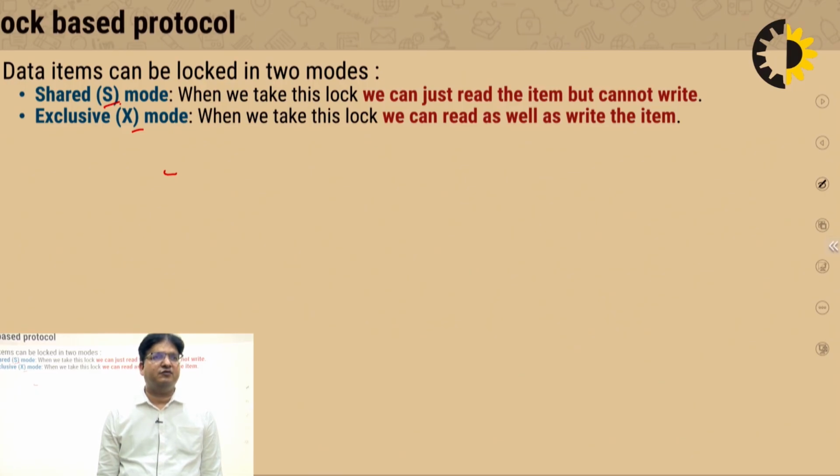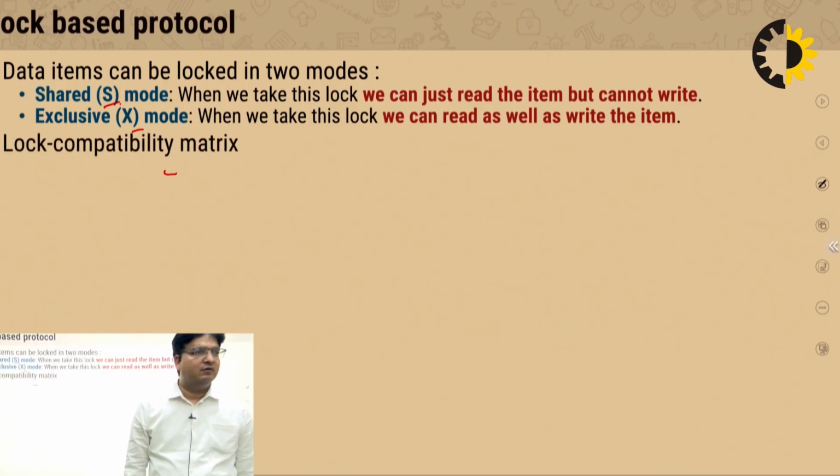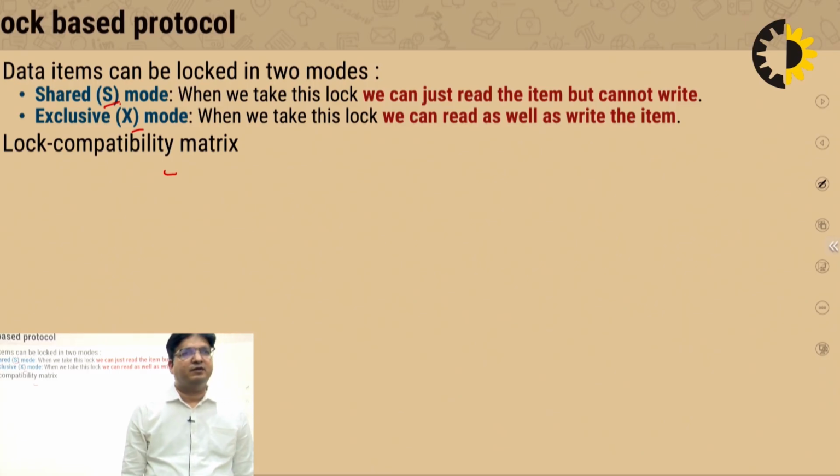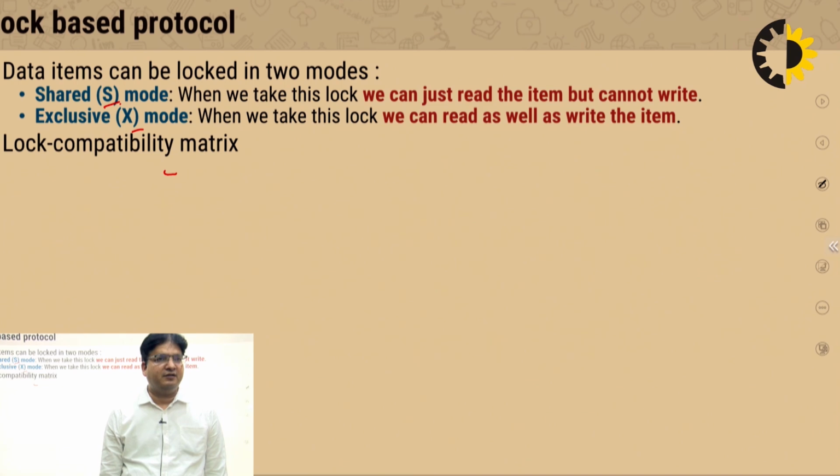Other transactions should not be allowed to modify it, because otherwise the user which has applied the read lock may see values different from the initial values it is supposed to see. So based on that, there is a lock compatibility matrix which shows all the possible combinations that occur while using shared and exclusive locks.